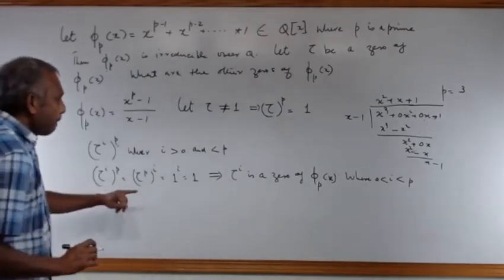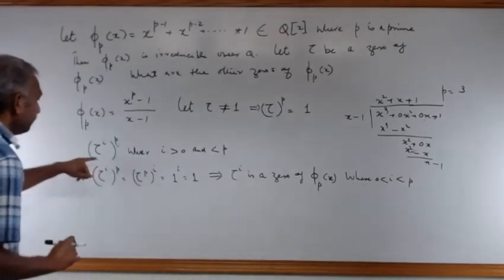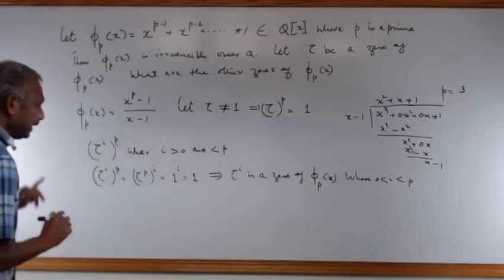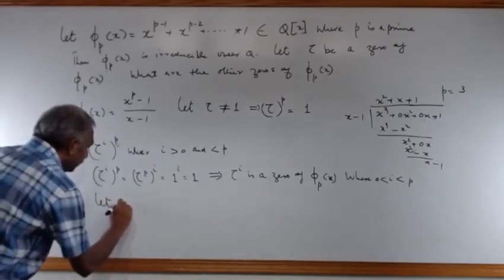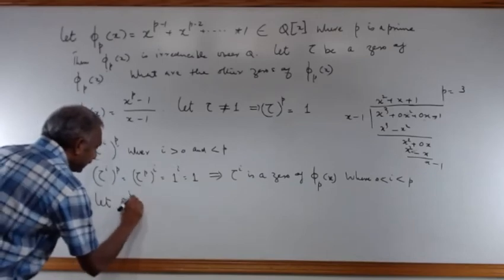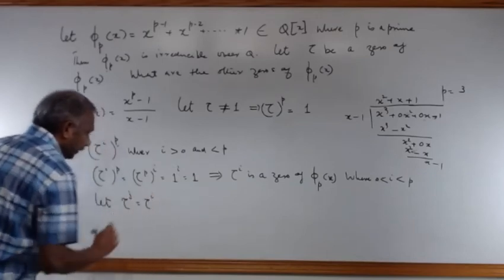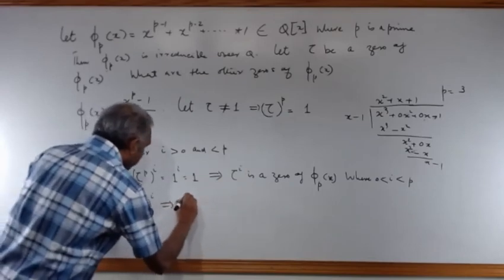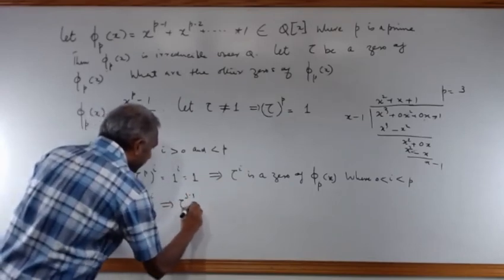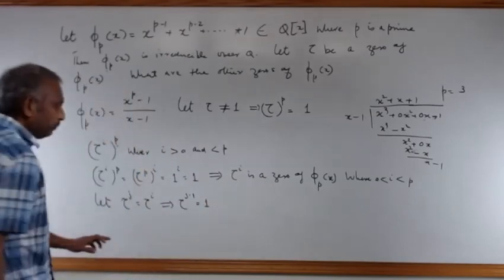Okay. Now let us show that these are distinct. So let ψ^j be equal to ψ^i, and that implies ψ^(j-i) is equal to 1.